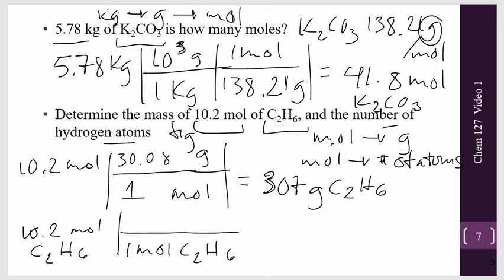So 1 mole of C2H6, we know from the chemical formula, would have 6 moles of hydrogen. Now the moles of C2H6 cancel out and our units are in moles of hydrogen. And we can use Avogadro's number to convert from moles to the number of hydrogen atoms.